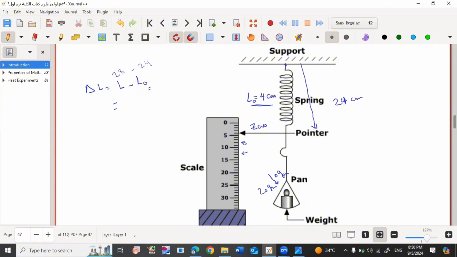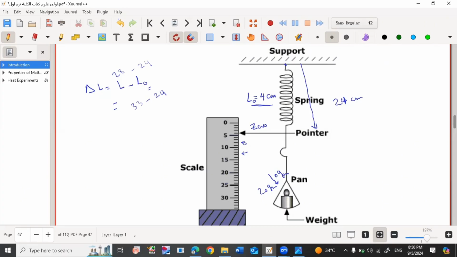And if our second reading here is, so if this second reading is 23, it will be 23 minus 24. And this means delta L for the first reading and this delta L for the second reading, and we will continue calculating our delta L.